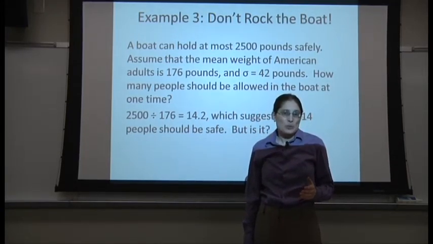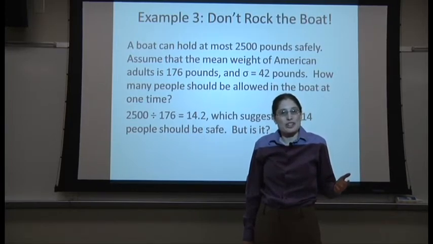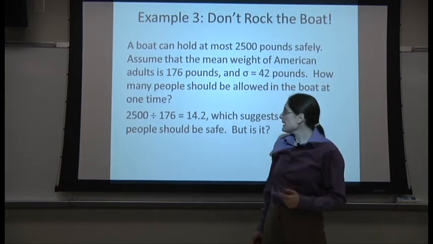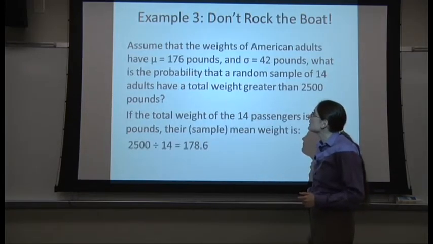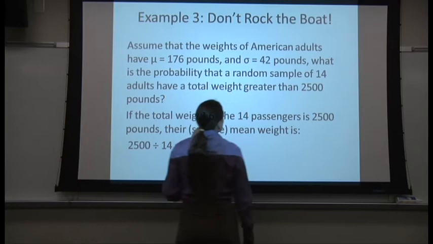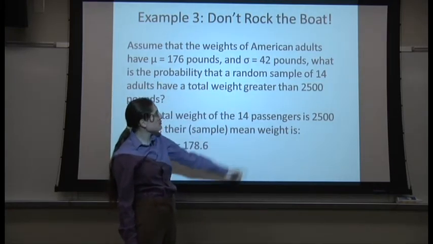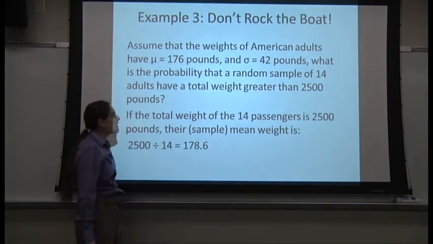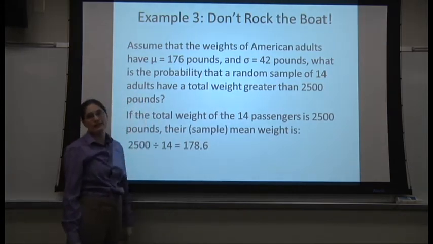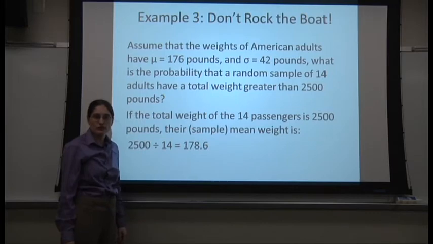But what if some of the people are heavier than average? Could that happen? Sure. How likely is it? What is the probability that if we put 14 people on the boat, they're going to be overweight? That's the real question.